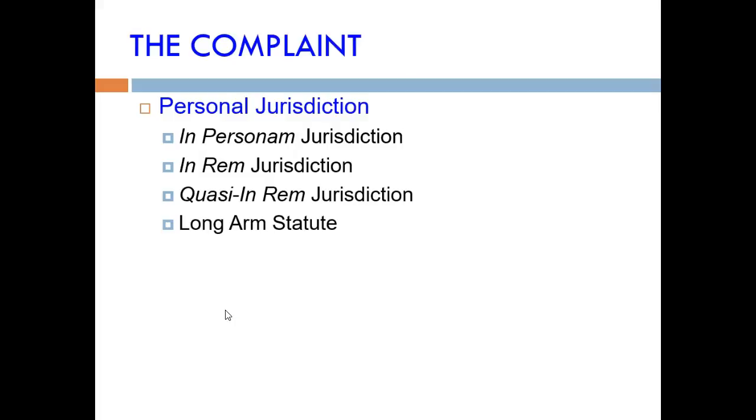And we have the long arm statute. The long arm statute simply gives us the ability to go a little bit further than our jurisdiction in some situations. So, for instance, the long arm statute says in a breach of contract case, we have jurisdiction over everyone who either signs a contract in California, everyone who agrees to a contract whose performance was to take place in California, or comes into California to sign the contract.